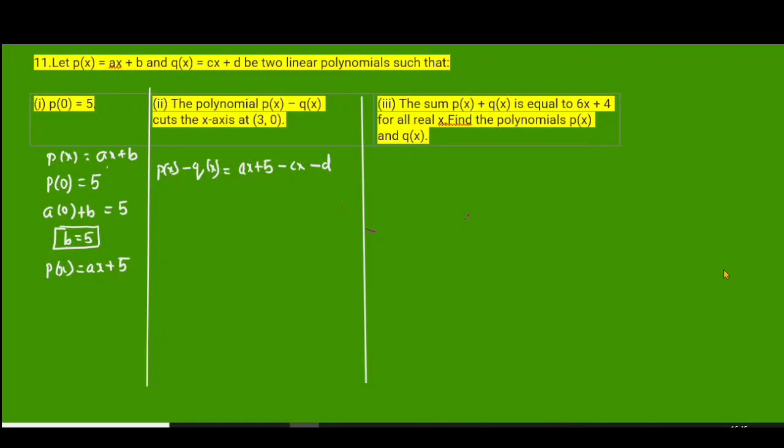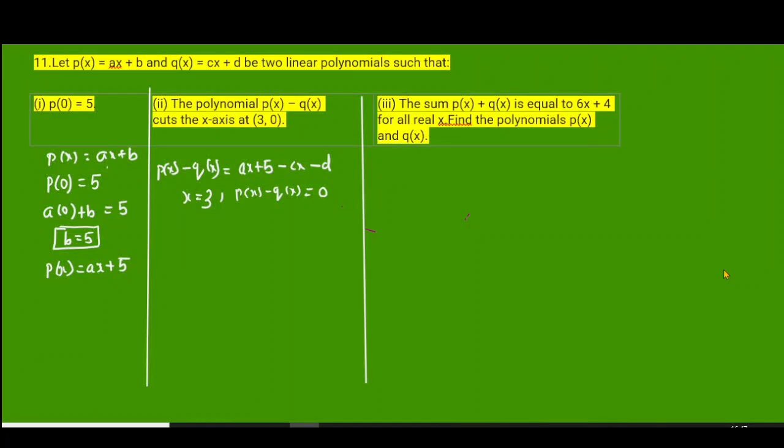It is given that it cuts the x-axis at (3, 0), which means when you replace x is equal to 3, you will be getting the answer P of x minus Q of x is 0.